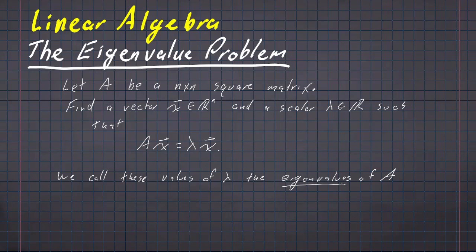We call the values of lambda for which this actually works the eigenvalues of A, and the vector X is a corresponding eigenvector.